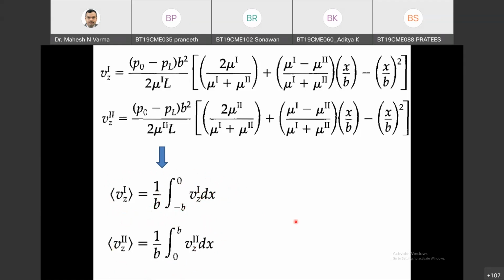This will give you the average velocity for phase 2.